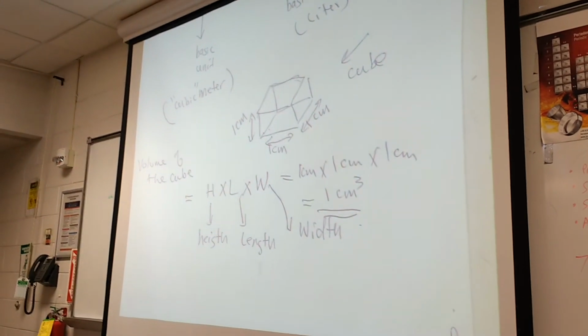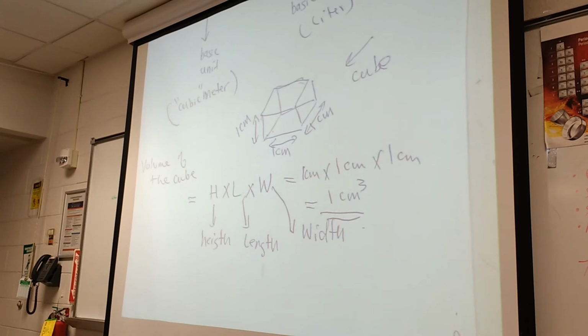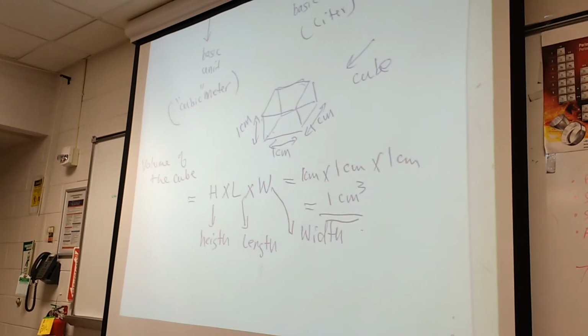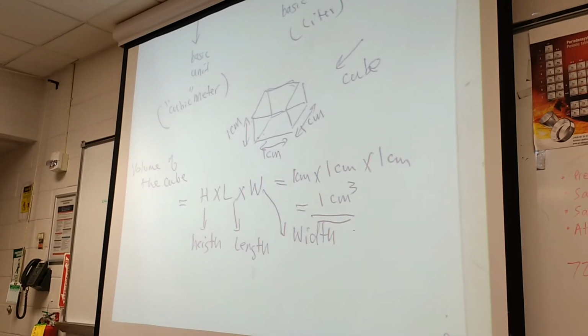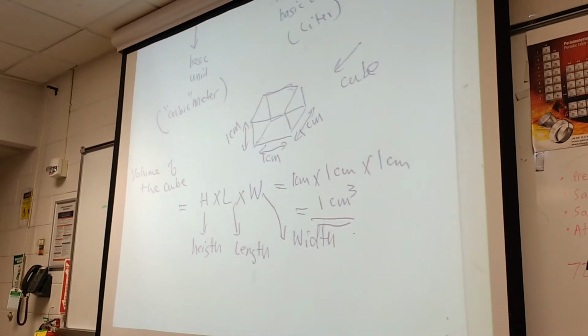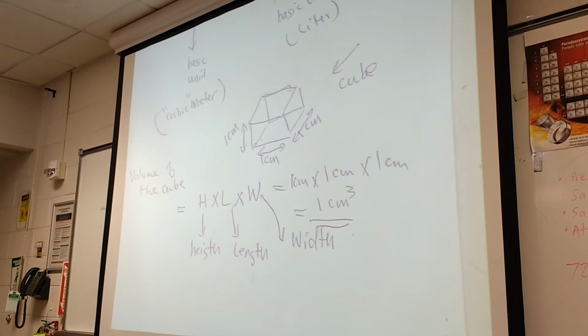So if I fill this cube with H2O, it turns out to be what? It turns out to be filling exactly 1 ml, correct? Let me write it down here.